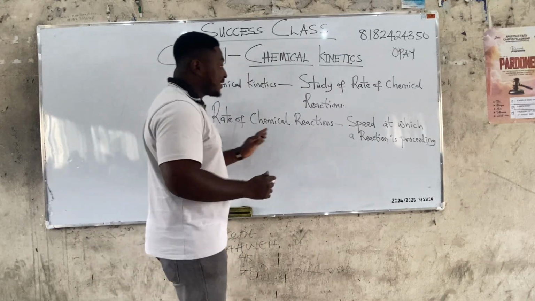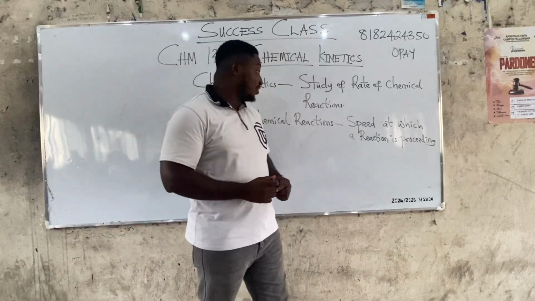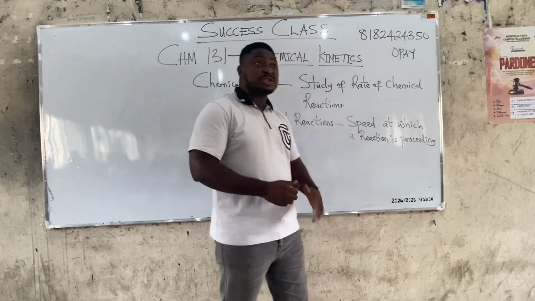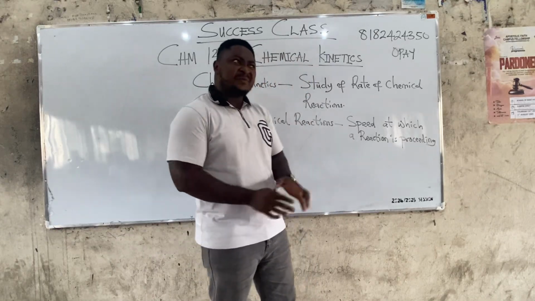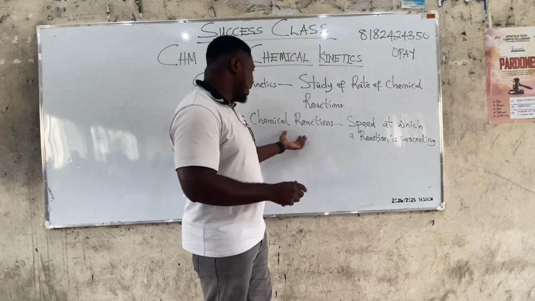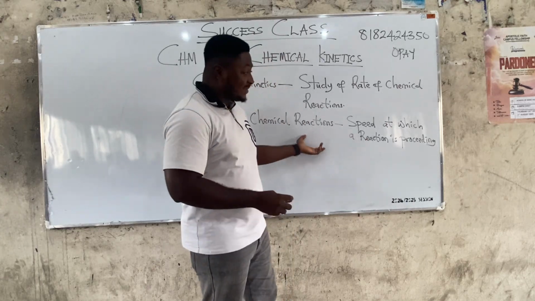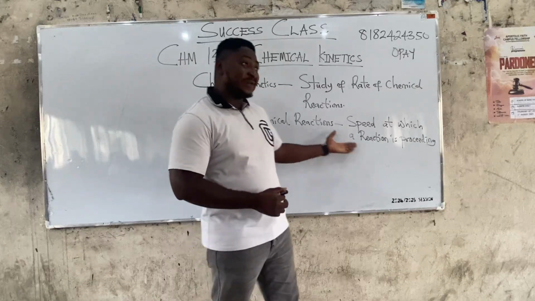So after looking at the rate of chemical reaction, which is the speed at which a reaction is proceeding, or the measure of how fast or slow a reaction is proceeding, before I give you those factors, I'd like to go further to give you the mathematical definition, because this is the theoretical definition.